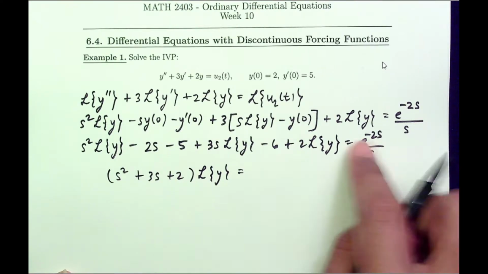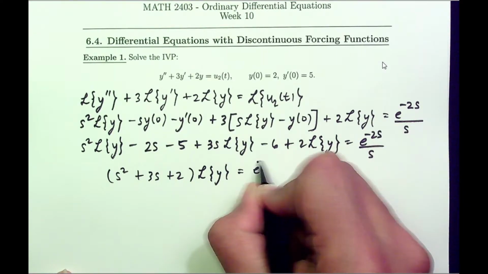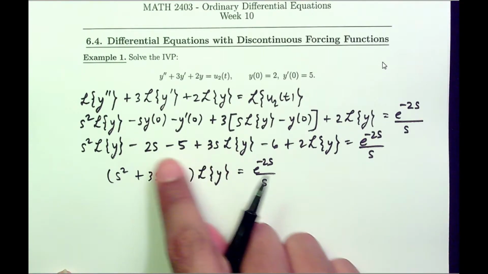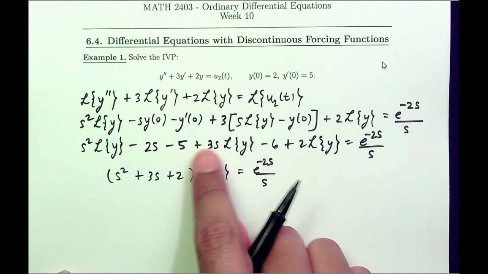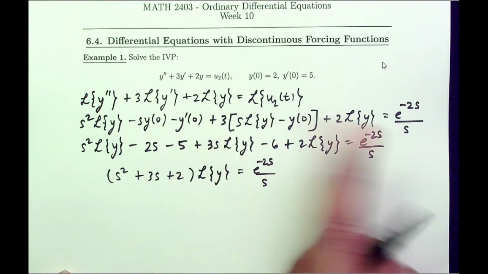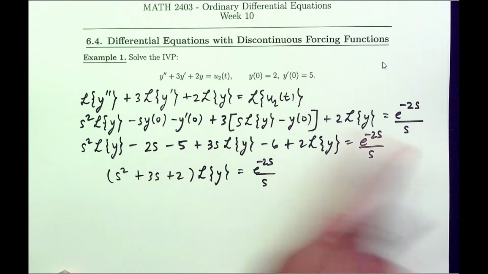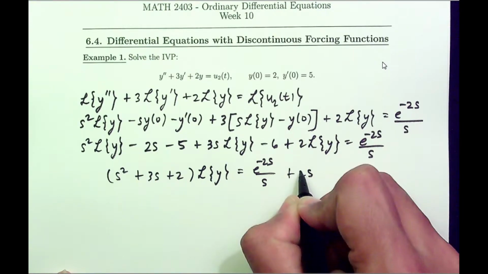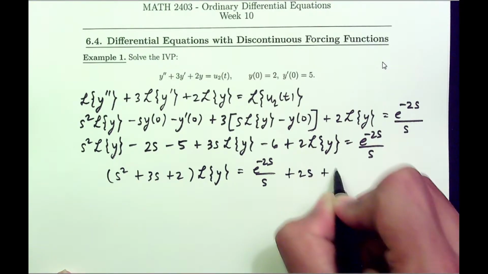And then on the other side we have e to the negative 2s over s, and we're moving these terms, so minus 5 and minus 6 is negative 11. When you move it to the other side, it becomes plus 11, and this one becomes plus 2s. So plus 2s plus 11.